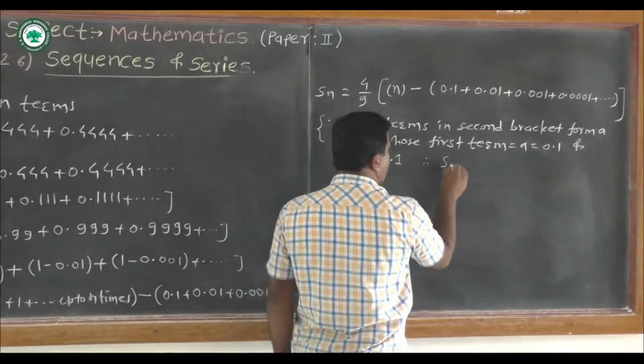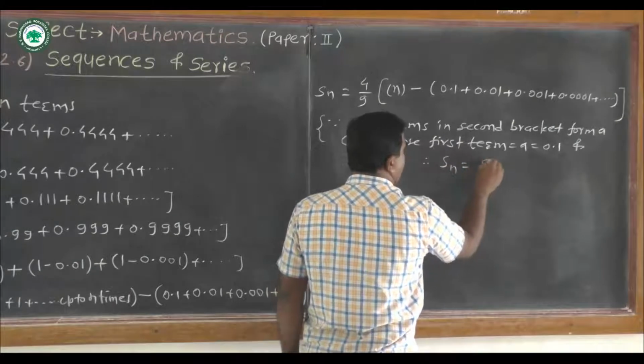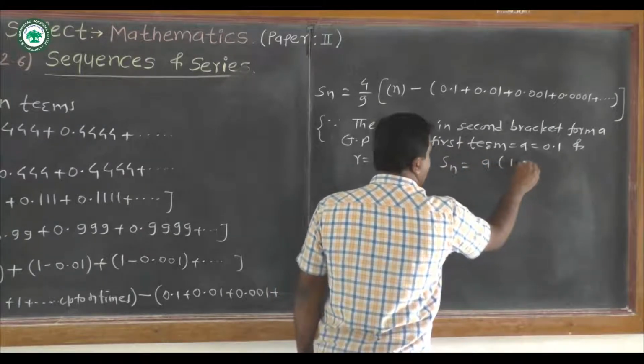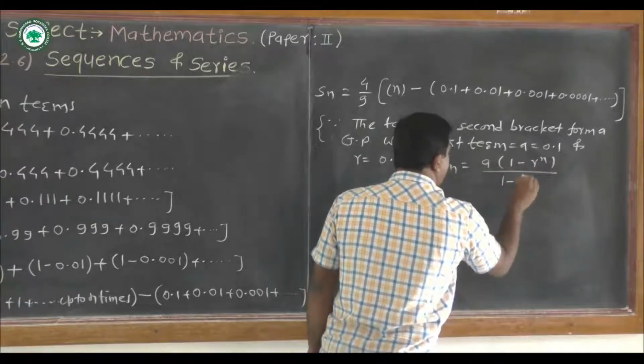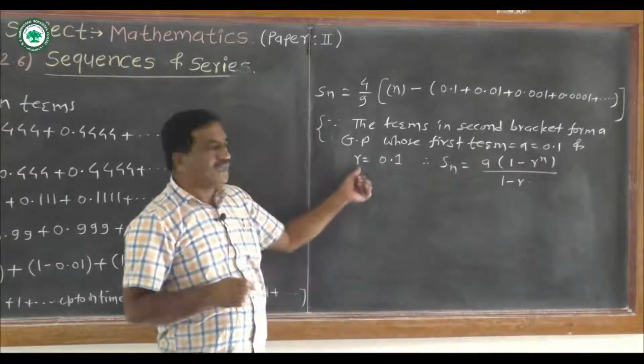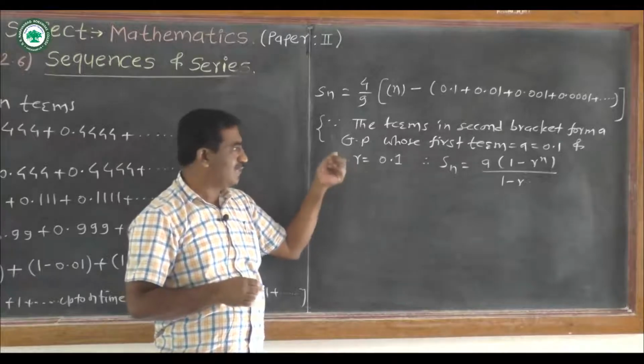Therefore we use this formula Sn equal to a into 1 minus r to the n upon 1 minus r, because the value of r is less than 1, that is 1 by 10.